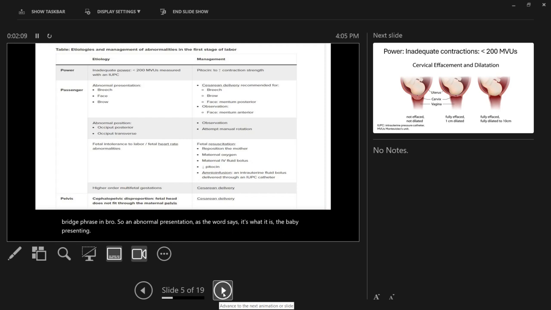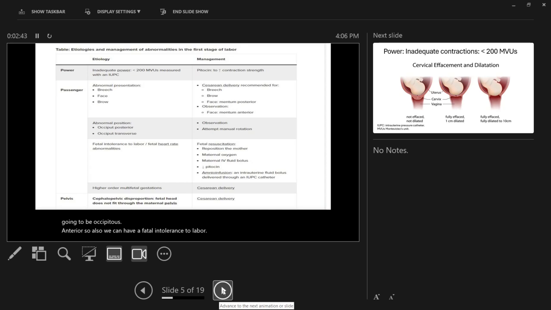Or an abnormal position, which is the relation between the occipital bone of the baby with respect to the pelvis. Abnormal position can be occipital posterior or occipital transverse. By the way, in parentheses, the normal position is going to be occiput anterior.